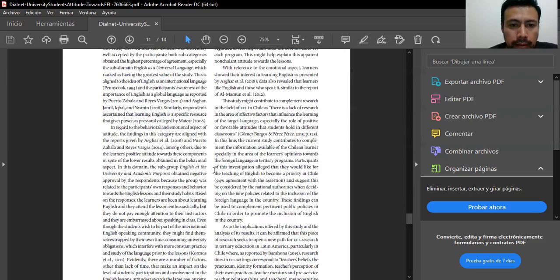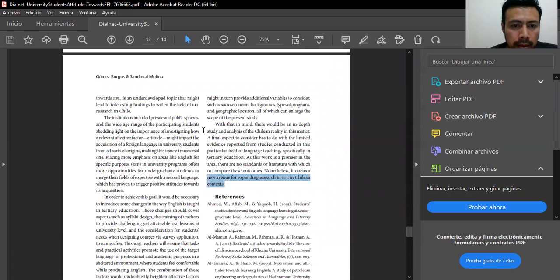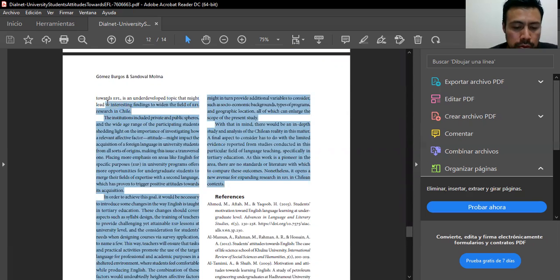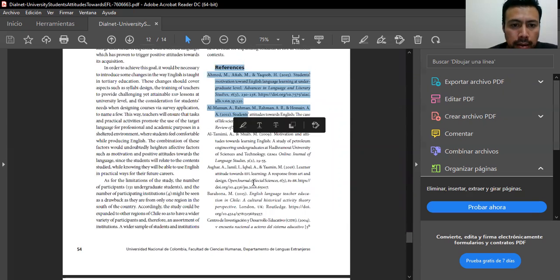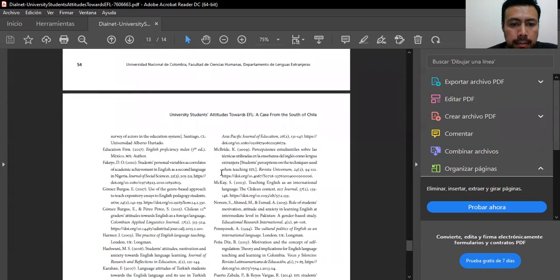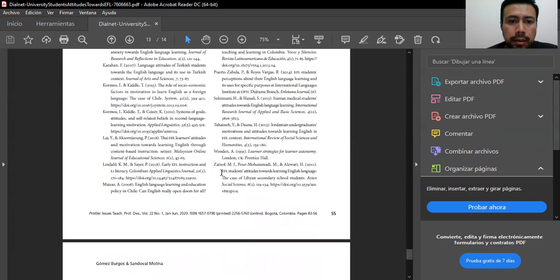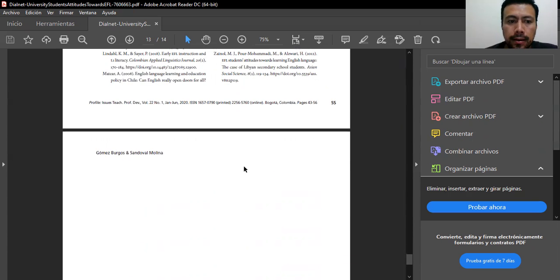Here we have all the conclusions, and we finish with the references. The references, in our case, are all the names of all the author or authors cited in the text properly. They could be in APA. In this case, it is in APA, as you can see. So for me, this is the most important thing, because this is all the theoretical support.